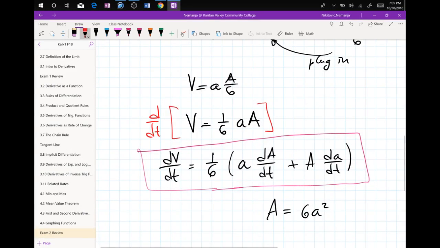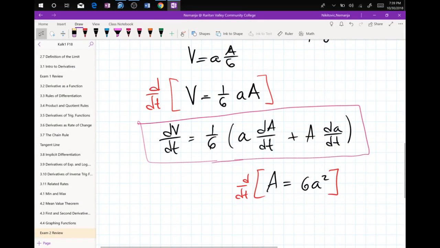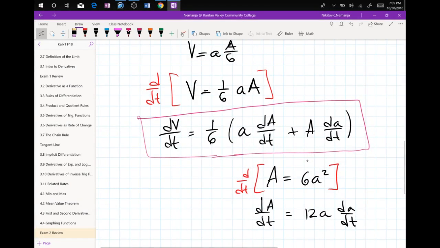Because if you take the time derivative of this, you get dA/dt equals 12a da/dt. So now, with this equation, you can replace dA/dt over here by this, which will eliminate that as a variable. Or you can eliminate this as a variable if you don't have it, as dA/dt divided by 12a. There's always something somewhere.